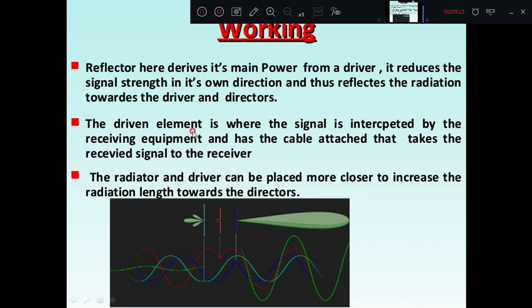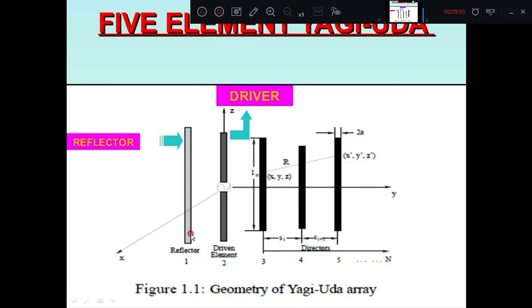The driven element is where the signal is intercepted by the receiving equipment and has the cable attached that takes the received signal to the receiver. The reflector and the driver can be placed closer to increase the radiation length towards the director. So these are the electromagnetic wave radiations from the antenna.